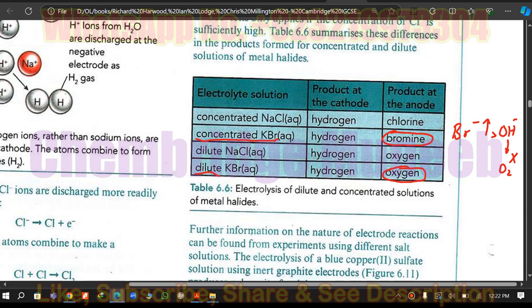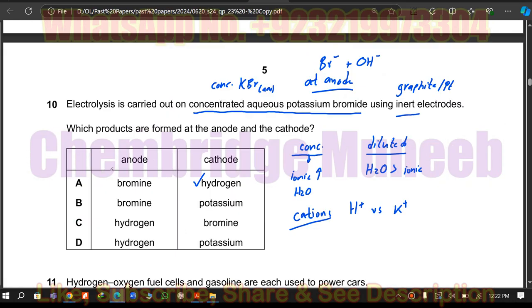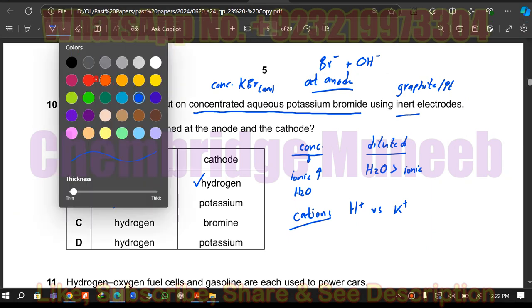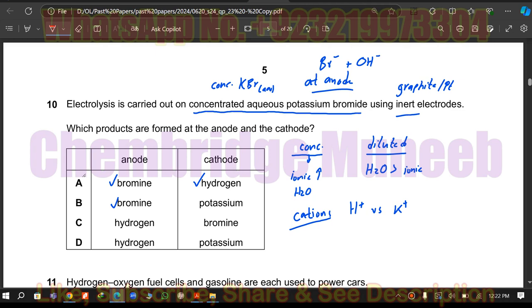Instead, it is the concentrated form of the KBr, which is giving a larger amount of the bromide ions, and because of that bromine is produced. And from this table you can easily see that hydrogen gas is being produced both in the diluted as well as in the concentrated form of the KBr. So the right option becomes the bromine at anode because of its high concentration. So the right option becomes A.